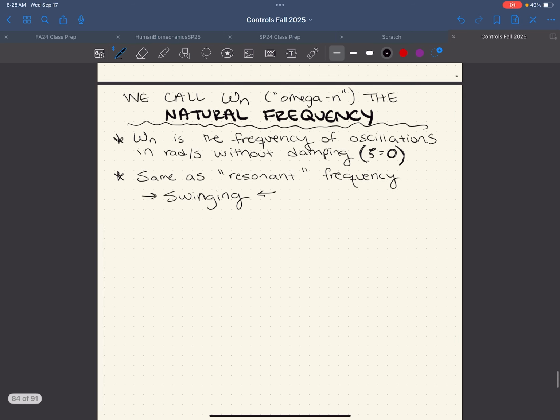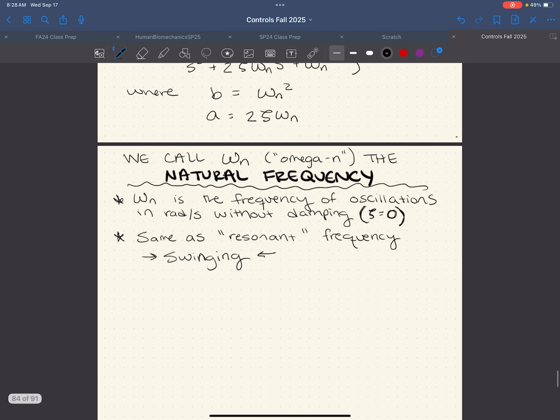And in the real world, it is impossible to have absolutely zero damping. In all actuality, there's friction, there's wind resistance, there's all sorts of energy losses that happen to any real system.